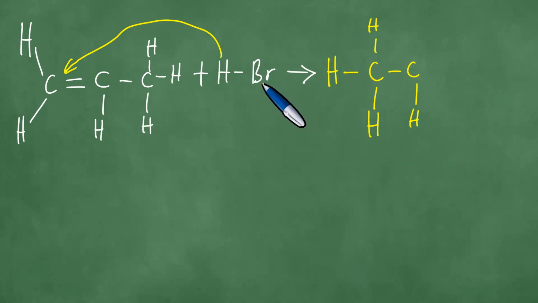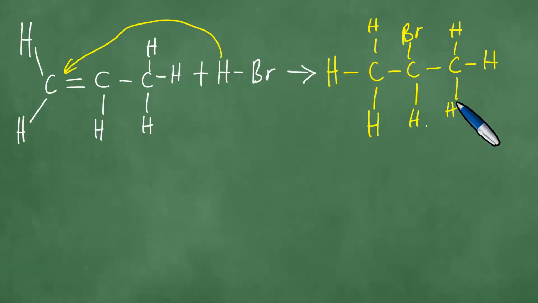It's going to be bonded to the bromine atom. And you have Br, like so. And with that said, then we continue and we bond like so. Okay. And so what is the meaning of all this here? Right. So this becomes what we call the main product.